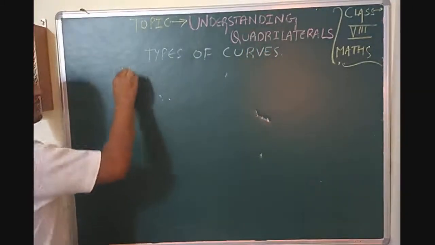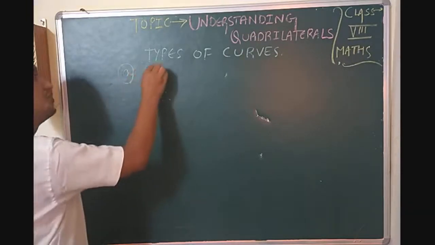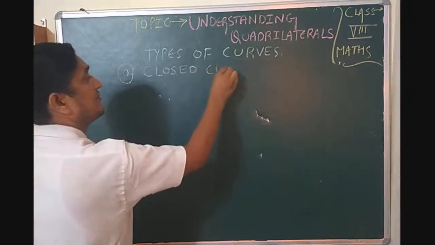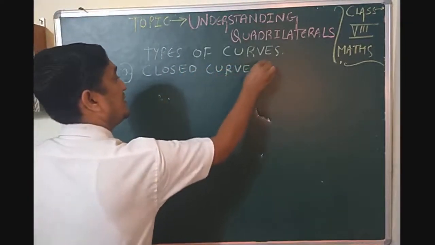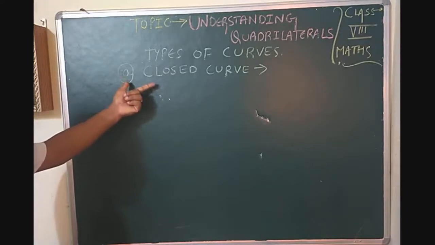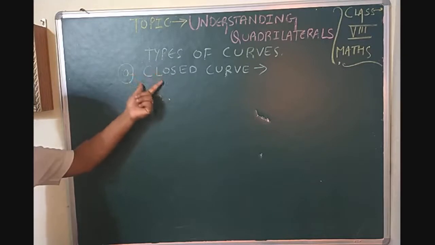Number one, we will discuss, children, please pay attention. Closed curve. Closed curves, children, are those curves that don't have any endpoints and they enclose an area.